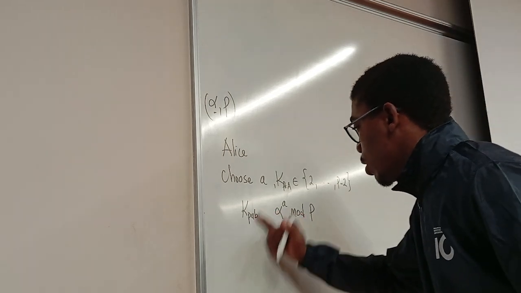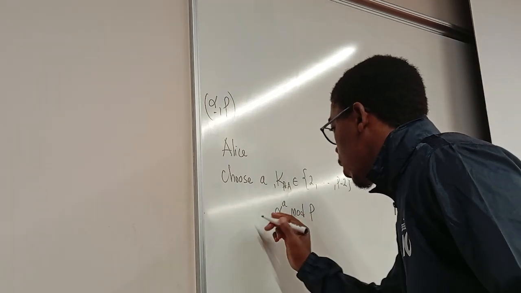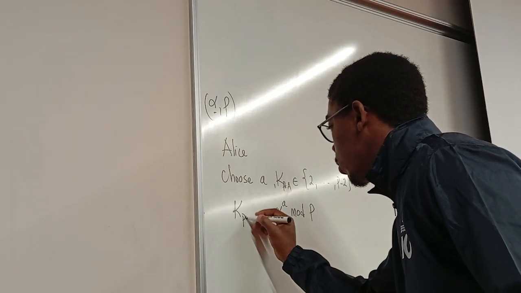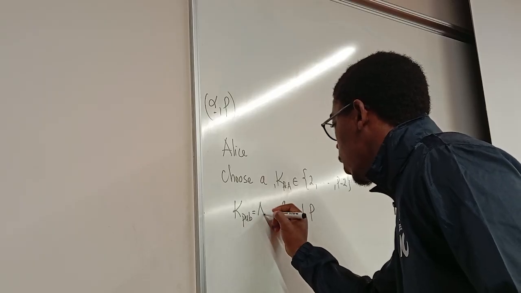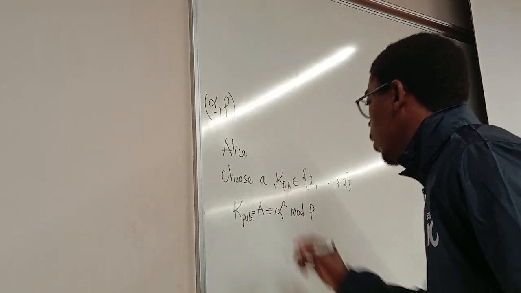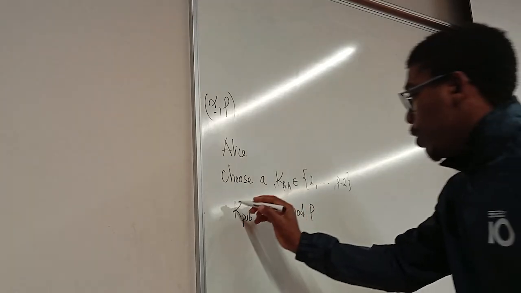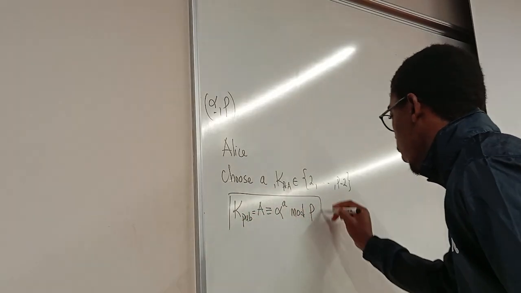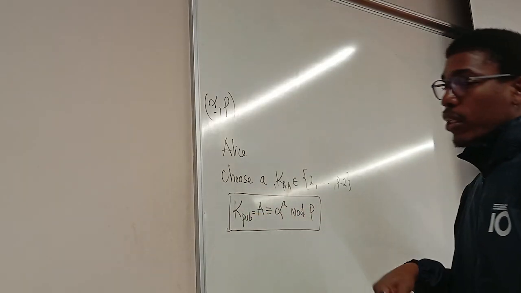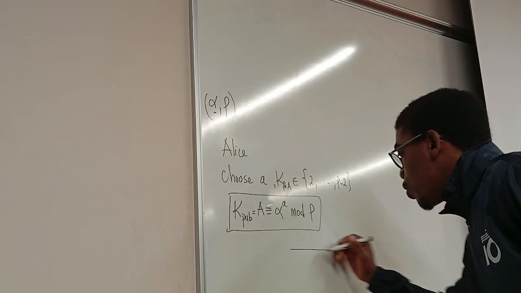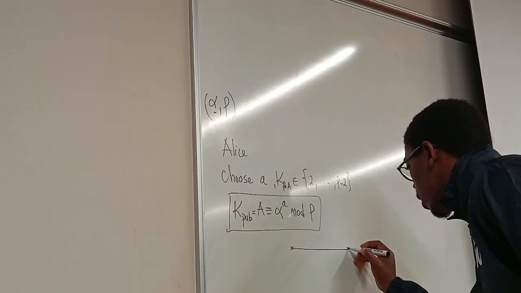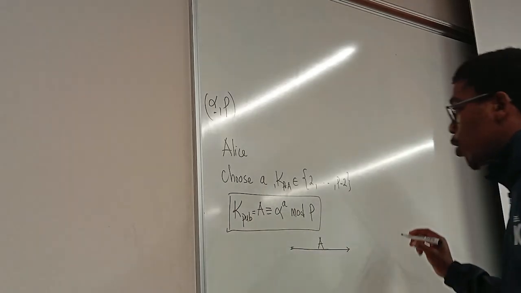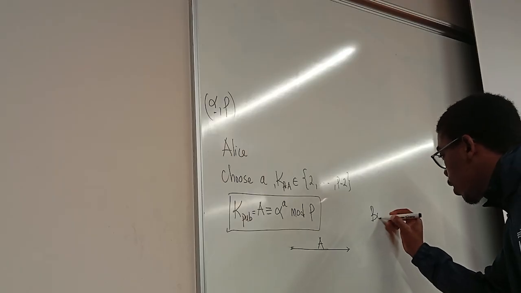So we're going to say K pub, let's call it A, is congruent to this. So this is her public key. This is what she sends, this A, she sends it to Bob. Bob is on this other end.